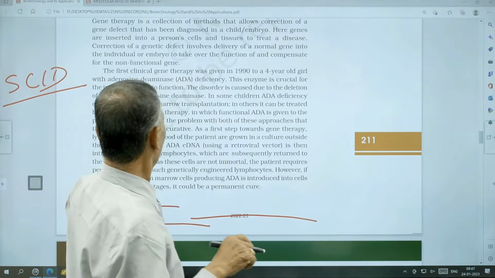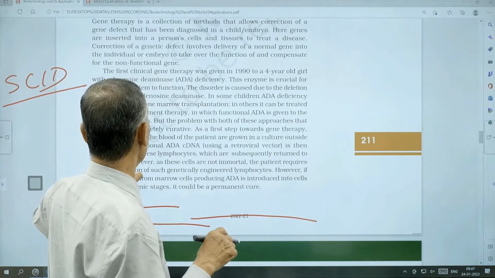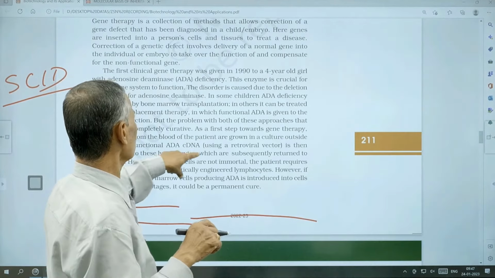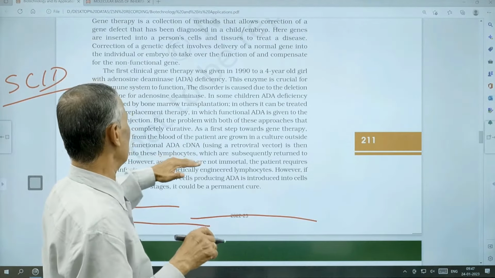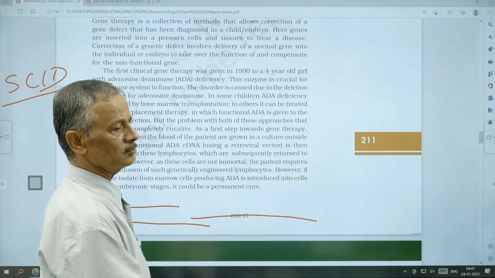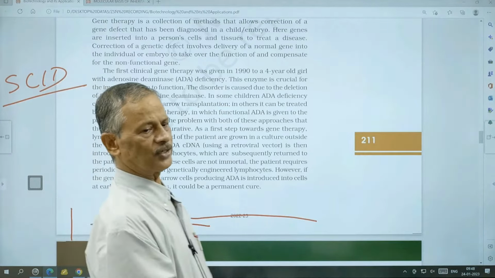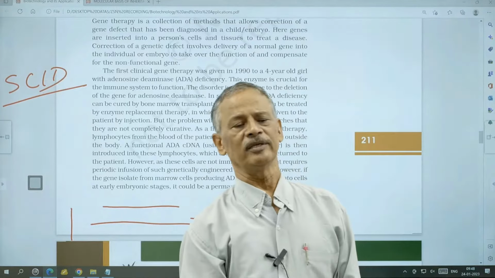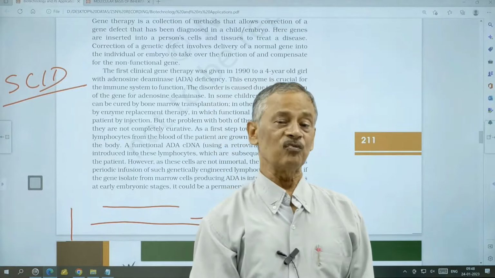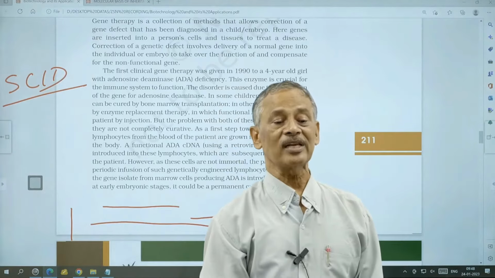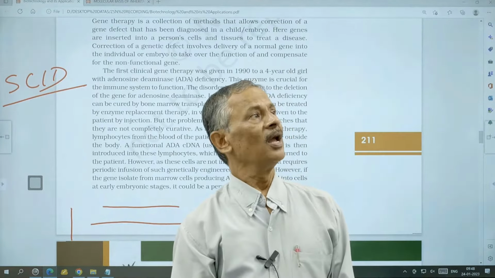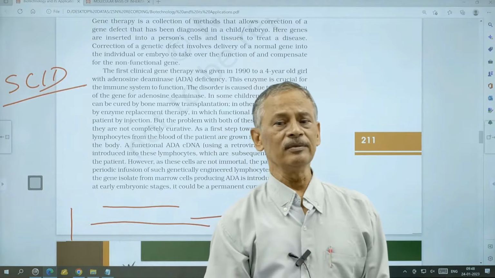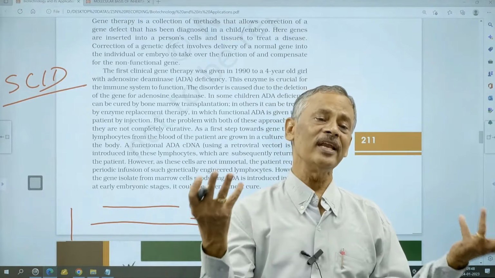So the functional ADA cDNA was introduced into the lymphocytes using a retrovirus. After incorporation, these lymphocytes were given back into her body. So these lymphocytes now have the functional ADA gene, and that gene will be producing the ADA.